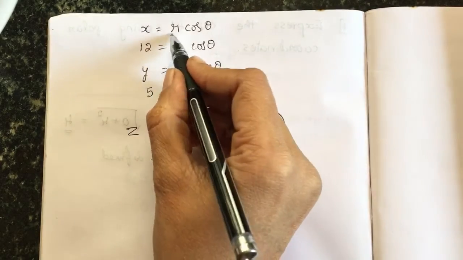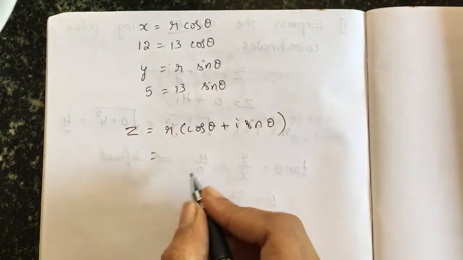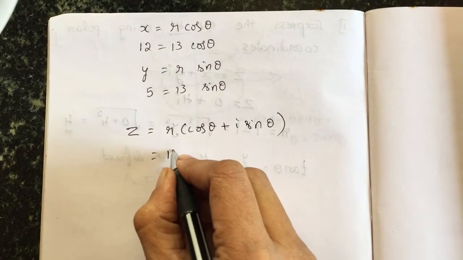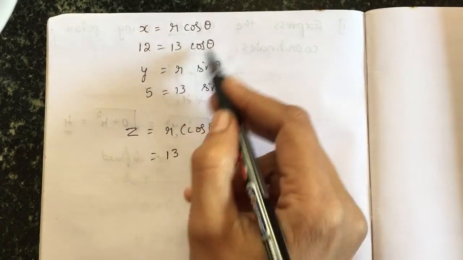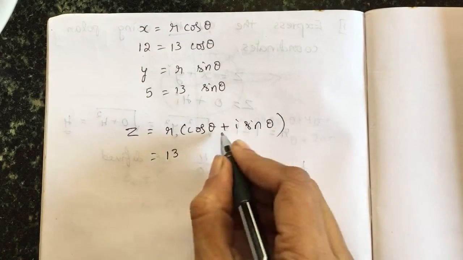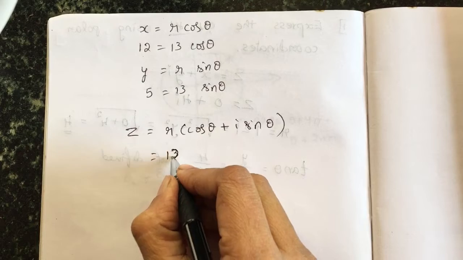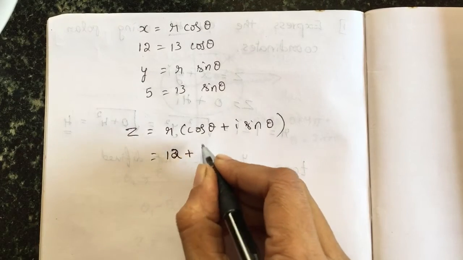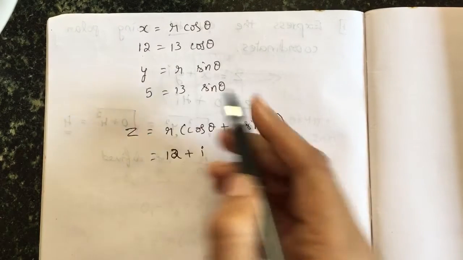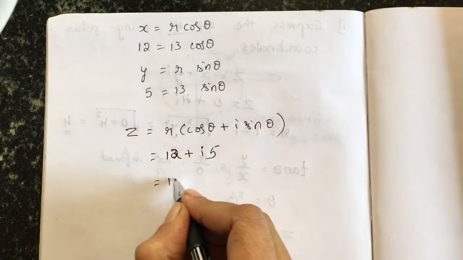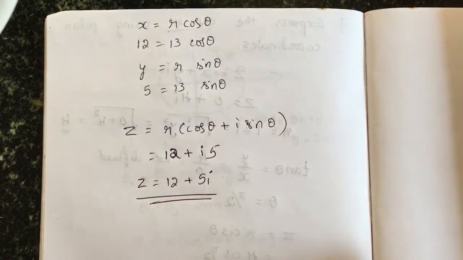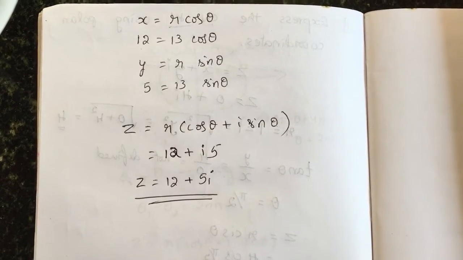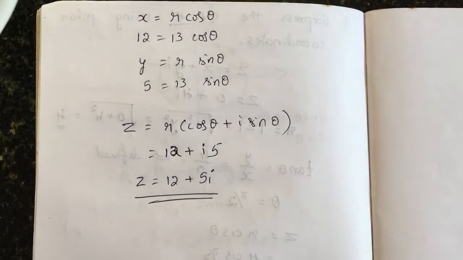We know r cos theta is 12, and you can directly write r cos theta equal to 12, plus i into r sin theta. r sin theta is 5, so z equals 12 plus 5i. This is the rectangular form of the complex number. These are the two major types.